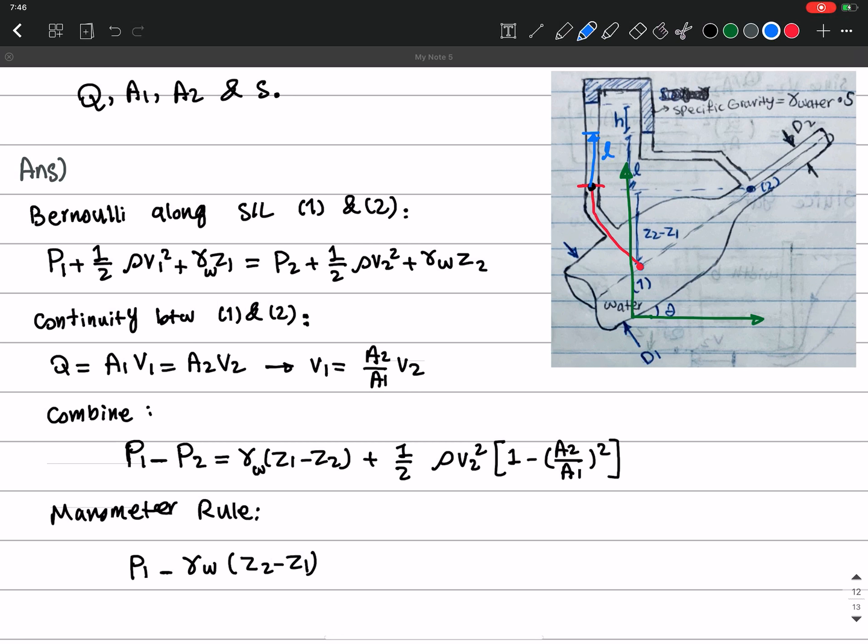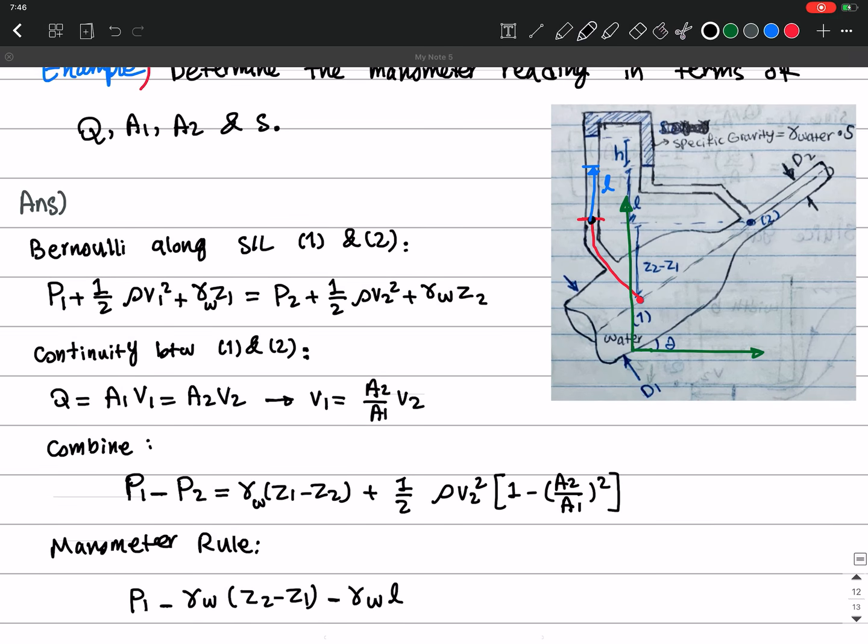Because I've gone to a lesser depth again, I have to subtract it from the remaining pressure. So it's going to be gamma water L, and the length L that I don't know, okay?